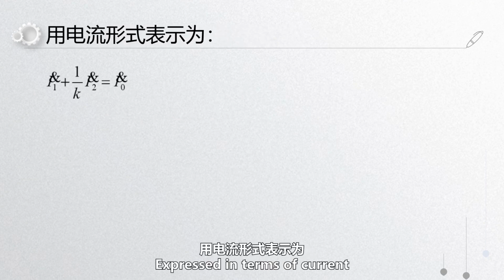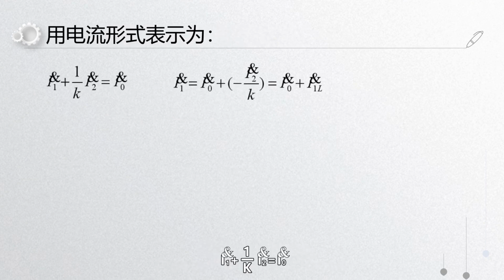Expressed in terms of current, I1 plus 1 divided by K times I2 equals I0. I1 equals I0 plus (minus I2 divided by K), which equals I0 plus I1L.